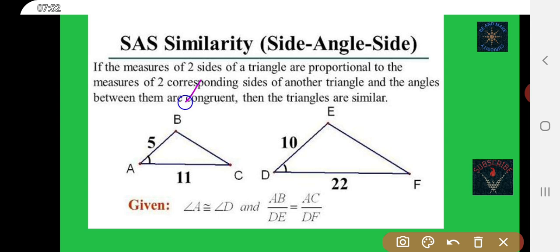So triangle ABC is similar to triangle DEF, we can say.